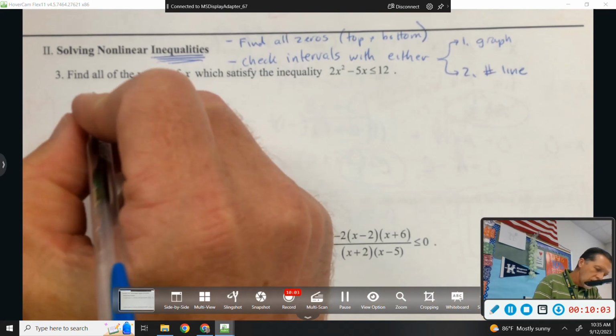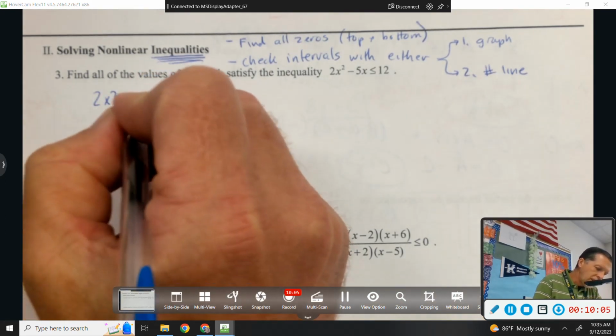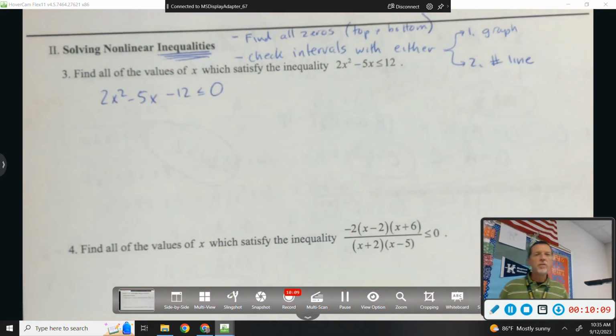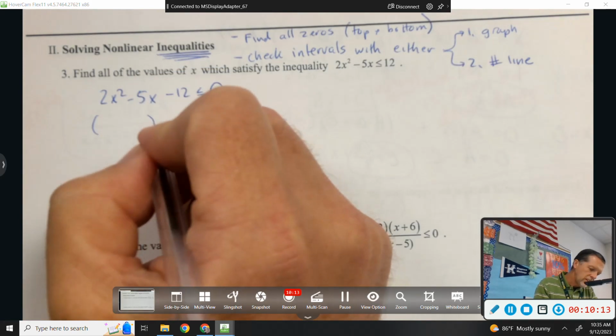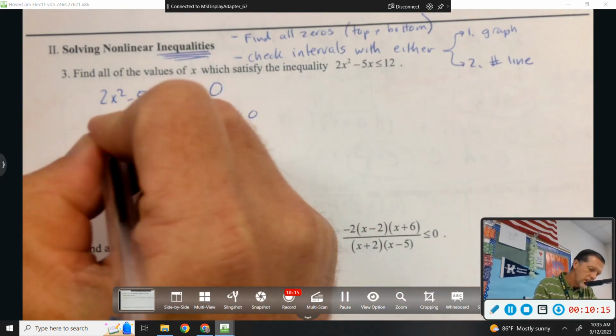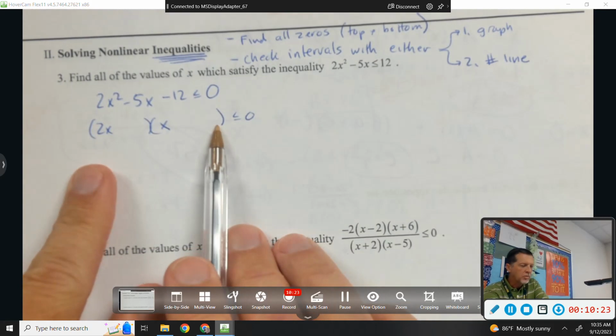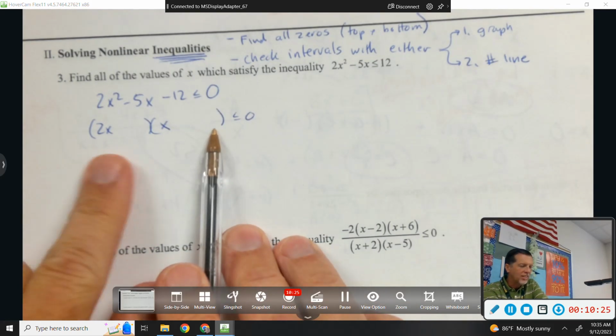So number 3, finding the zeros means let's set it equal to 0. So move the 12 over. I think we finally got one that'll factor here. 2x and x. Let's see. If I put the 3 across from the 2, that'd be 6. That's not what I want.